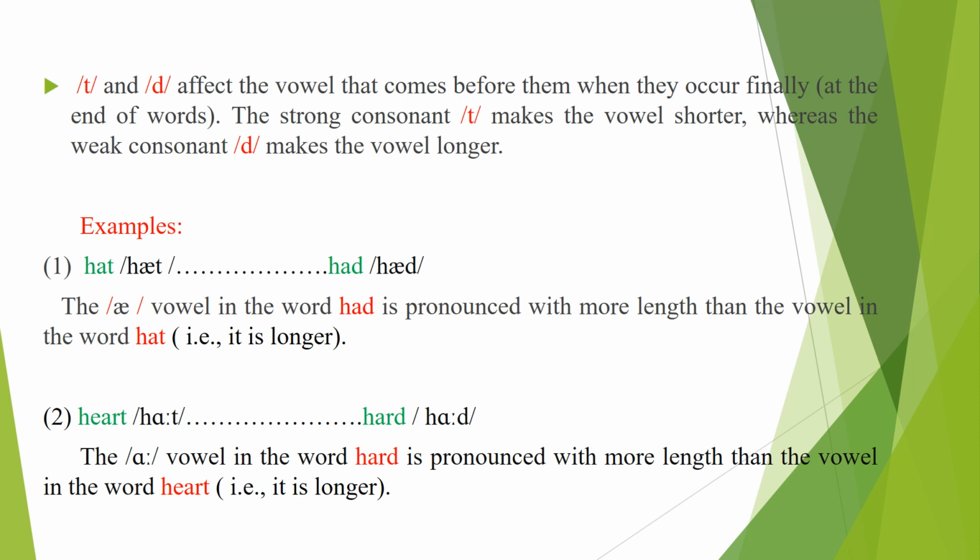Again, in example number 2, the vowel in the word hard is pronounced with more length than the vowel in the word hot. Therefore, we pronounce them as hot, hard, hot, hard. The a vowel in the word hard is longer than the a vowel in the word hat.